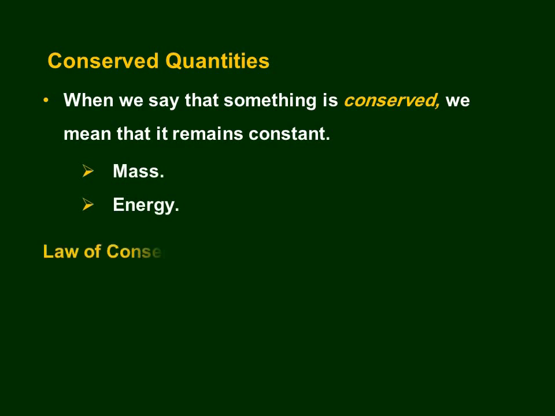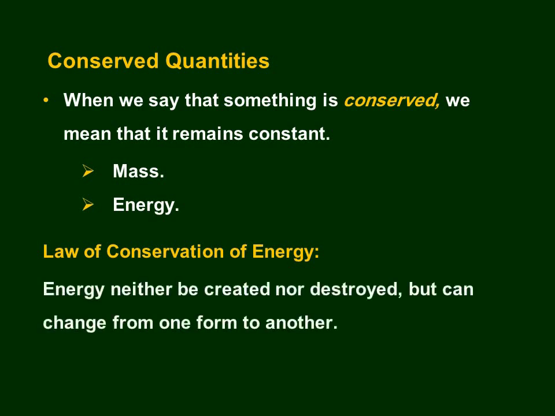What's meant by conservation? The law of conservation of energy states that energy can neither be created nor destroyed, but can change from one form to another. Energy cannot be created from nothing, or destroyed or vanish, but can change to other forms.